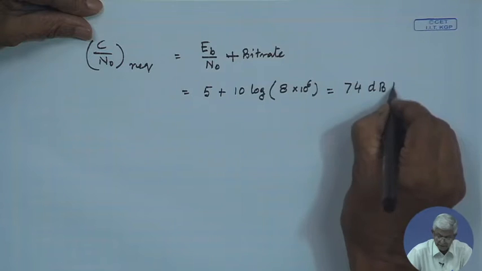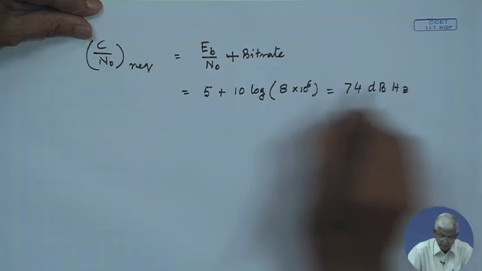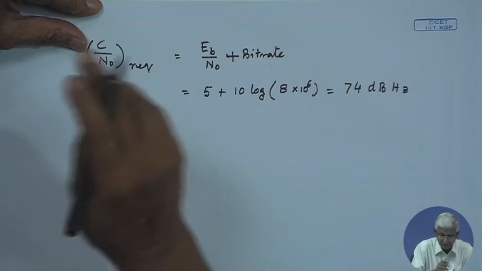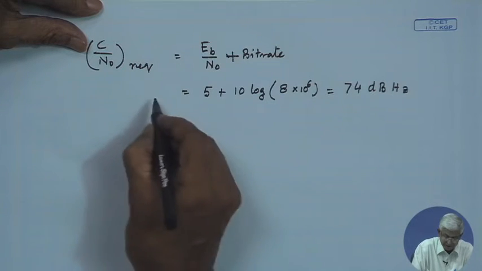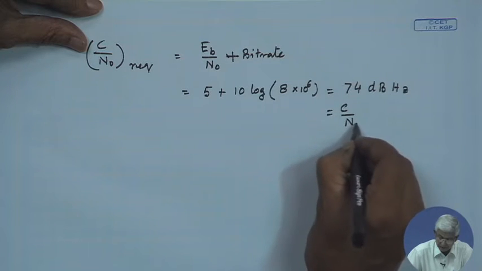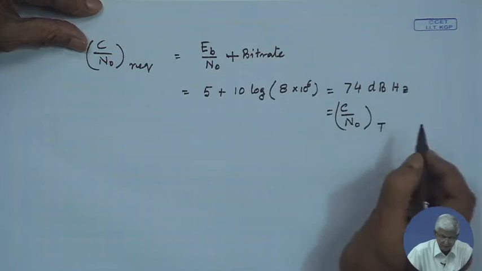Now remember, C by N naught required is for the totality, the whole link. So I can call it the same as C by N naught total.